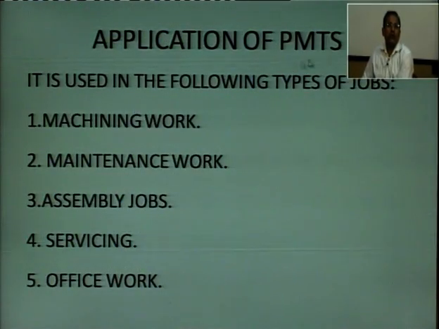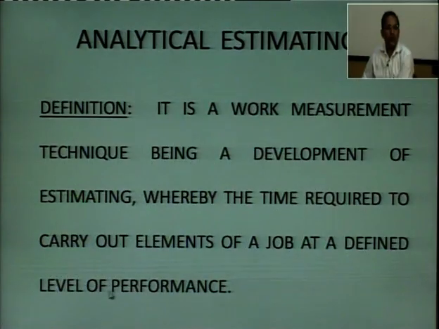Applications of PMTS, it is used in the following types of jobs. Number 1, machining work. Number 2, maintenance work. Number 3, assembly jobs. Number 4, servicing. Number 5, office work. The next method is analytical estimating.